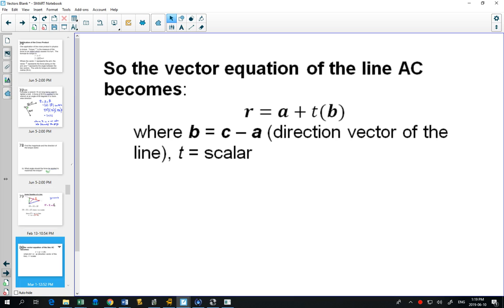So we use B for the direction vector. And you can write negative A plus C if you like the visual, or just C minus A. And t is any scalar or any multiple that you have.